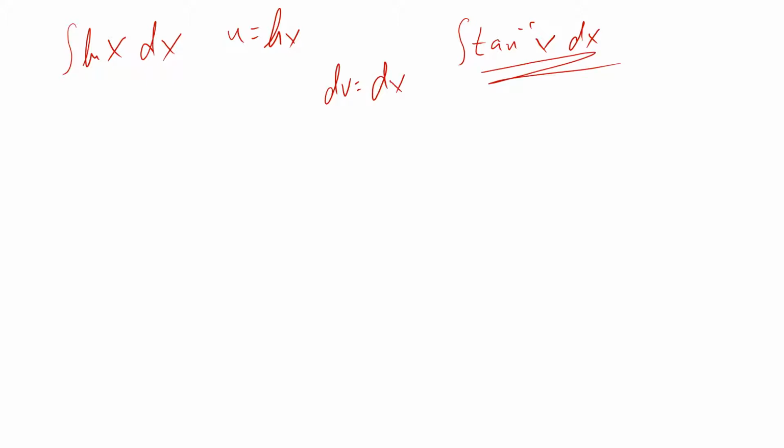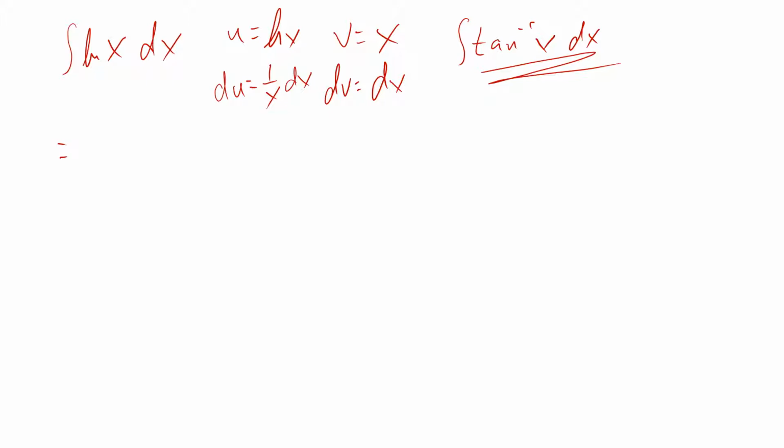This one would be set up the same way, by the way. The derivative of ln x is 1 over x dx. The antiderivative of dx, v will just be x.